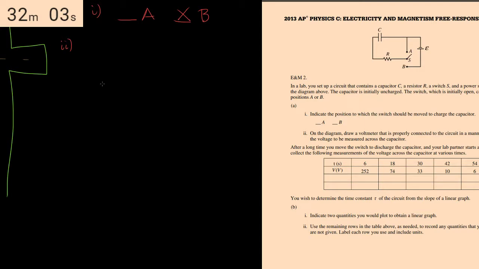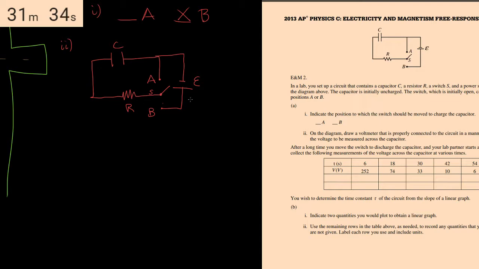So let me sketch up this circuit so that we can draw in our circuit component. This is point A of our switch. This is the switch S itself. This is the resistor with resistance R. And just finishing up point B and the battery with some EMF, E. Where do we want to draw the voltmeter?